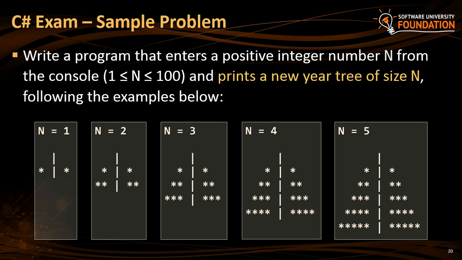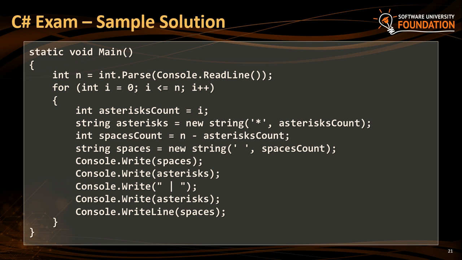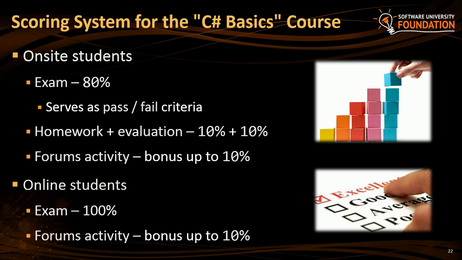So I showed you the C# sample problem and sample solution, and let me explain the scoring system for this course. You have a different scoring system for every course. For example, for the PHP course, you have different criteria and different numbers of score for each criterion.